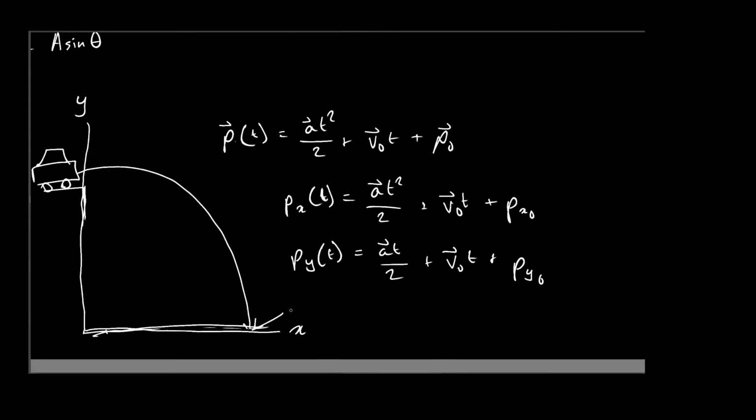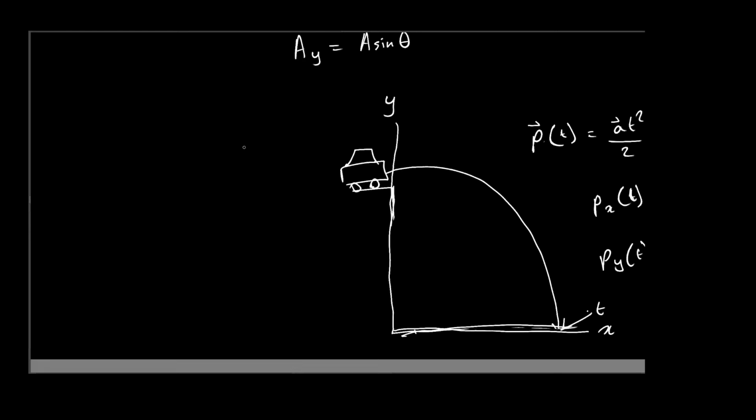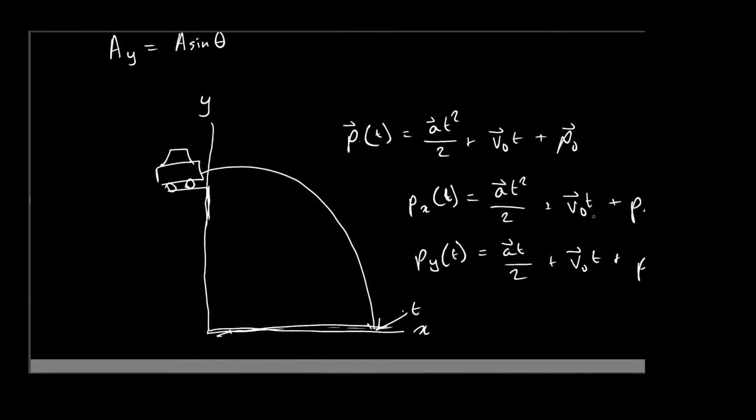So we'll call this time t in seconds, and we say that its initial velocity, v naught x, v naught y.